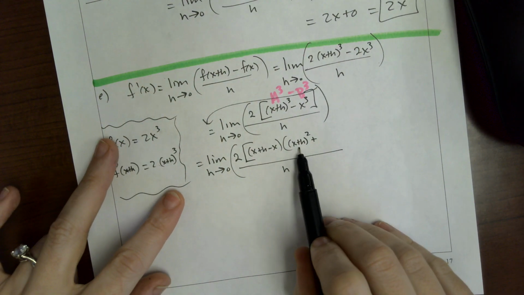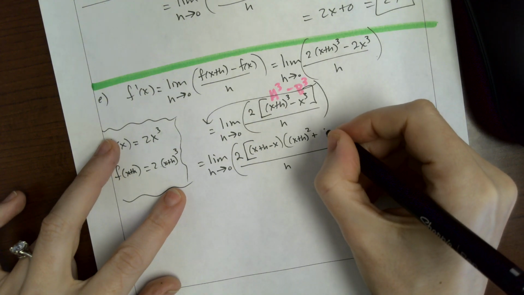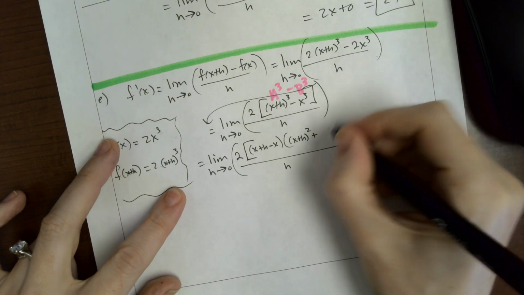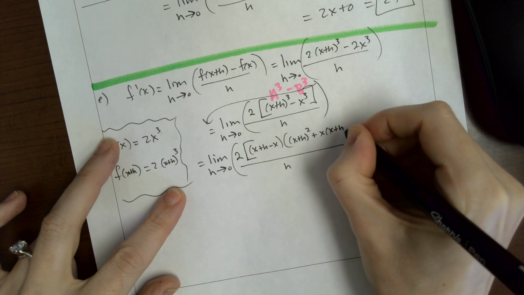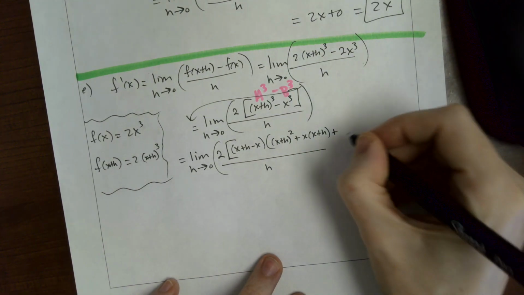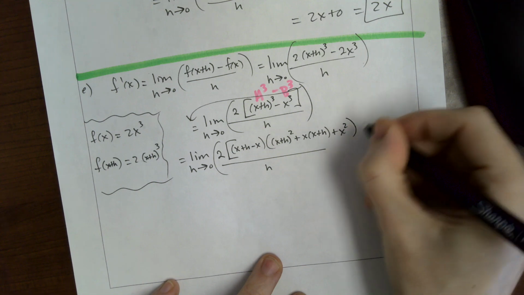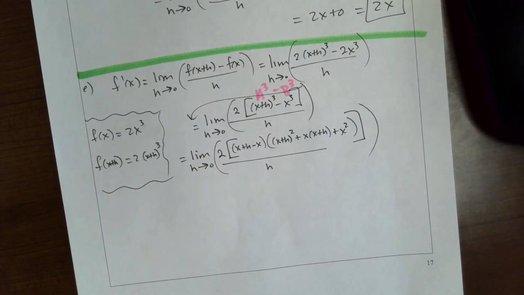So that's a squared, and then this is going to be ab. So b is x and a is x plus h. So I'll put that in front. And then at the end, we do b squared. Okay, so just like that.